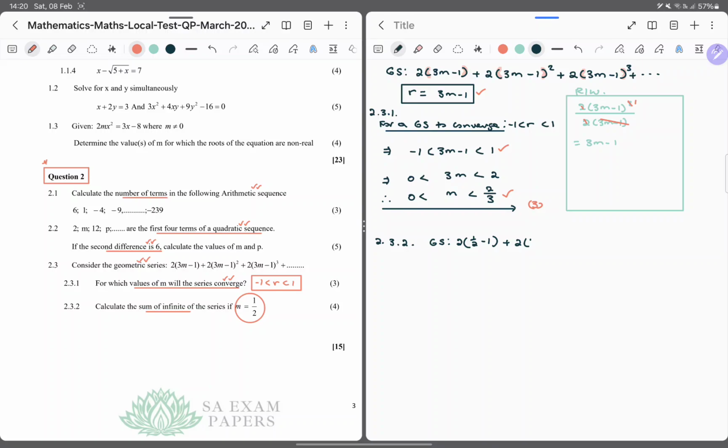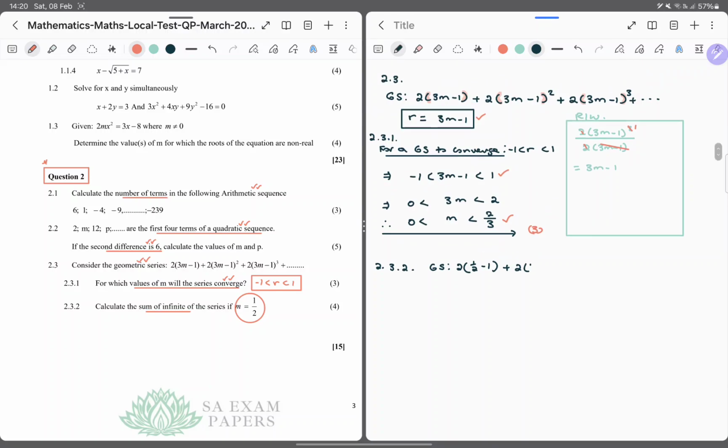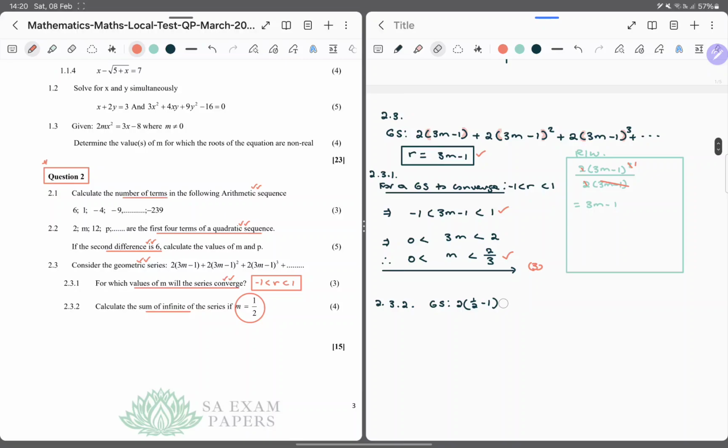Wait a minute, this is dangerous. This is 2 into, this is 3m, so this is 3 over 2.